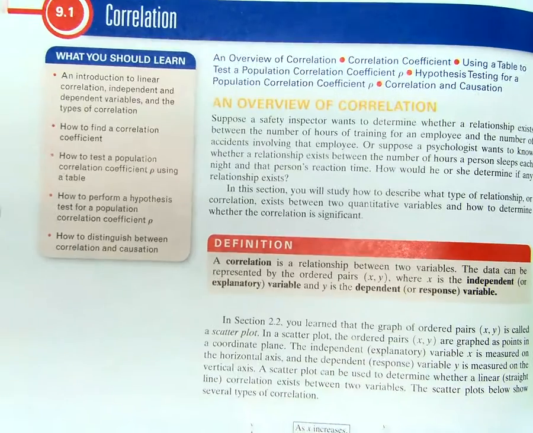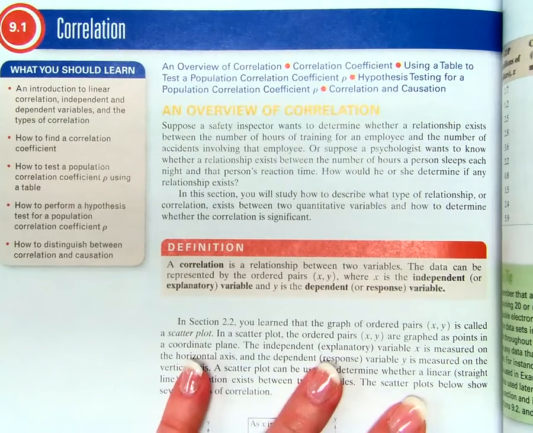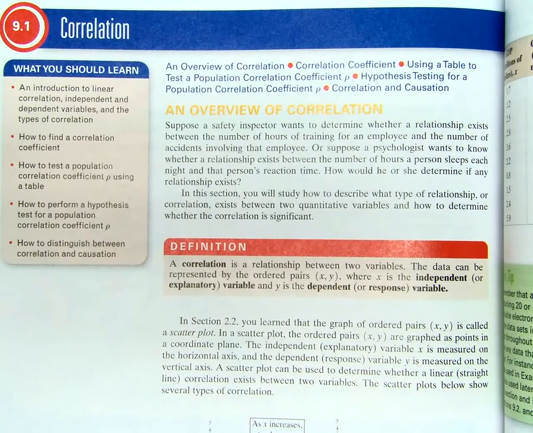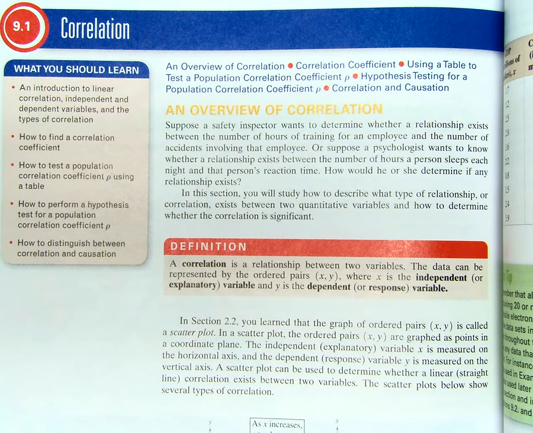So let's talk about correlation specifically. First of all, an overview. Suppose a safety inspector wants to determine whether a relationship exists between the number of hours of training for an employee and the number of accidents involving that employee.